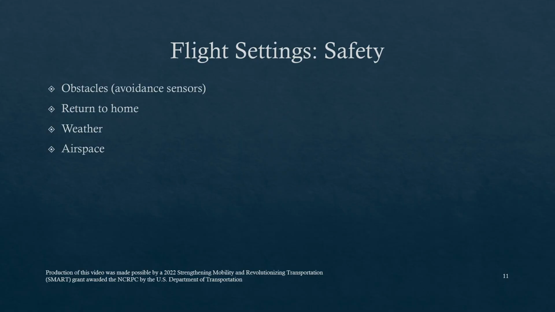You need to know, and likely have that setting turned off, because the last thing you want is to reach a low battery and then have that drone begin to return home. It increases in altitude and then it'll fly right into the underside of that bridge deck. And you don't want that to happen.